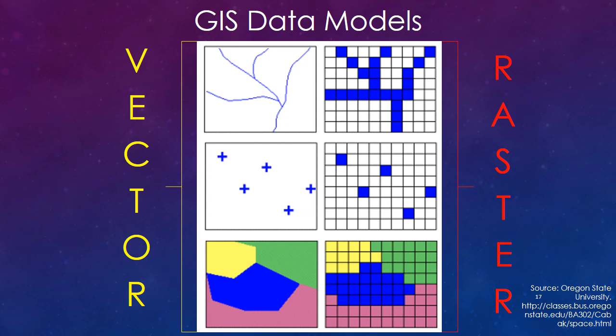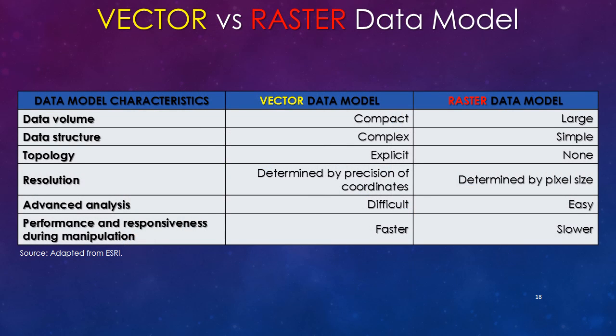This image from Oregon State University highlights some of the representational differences between vector, discrete, object-based data, and raster, surface, pixel-based data. Here's a great table, adapted from ESRI, that explains some of the characteristics of one data model versus the other.